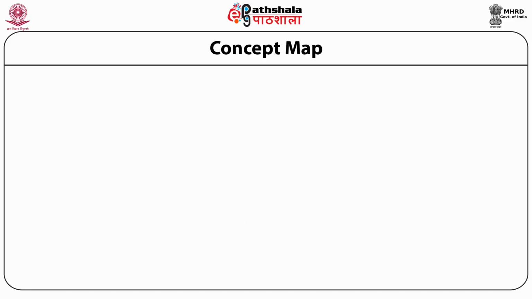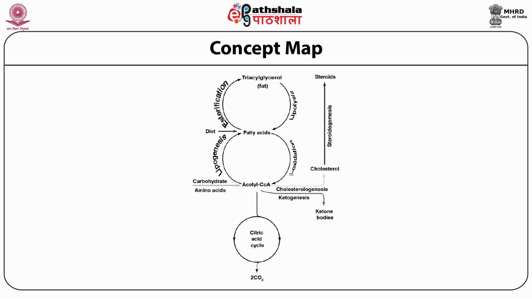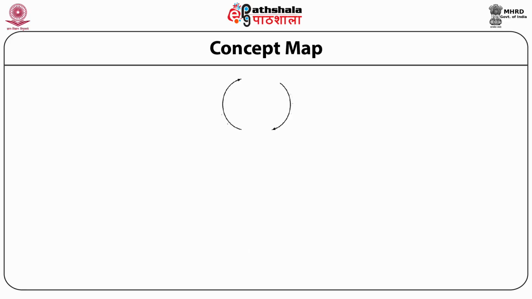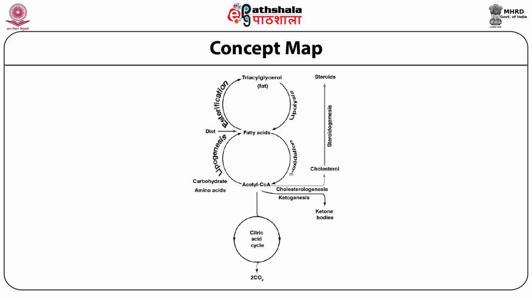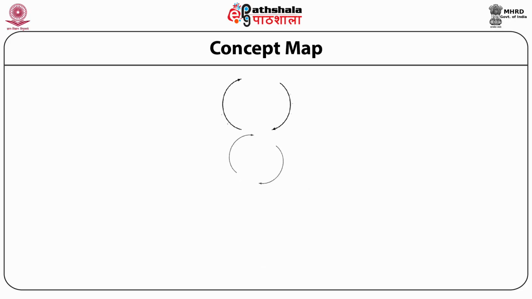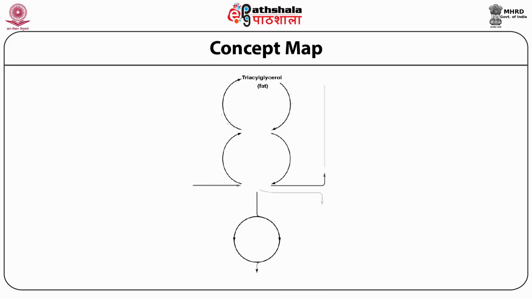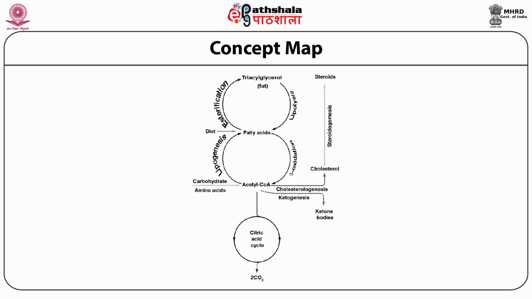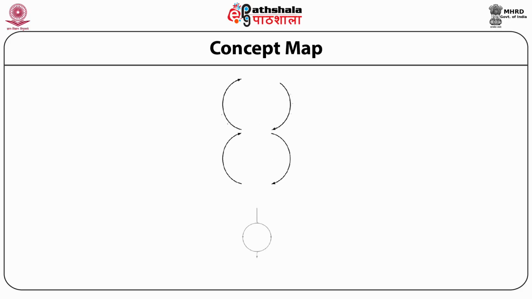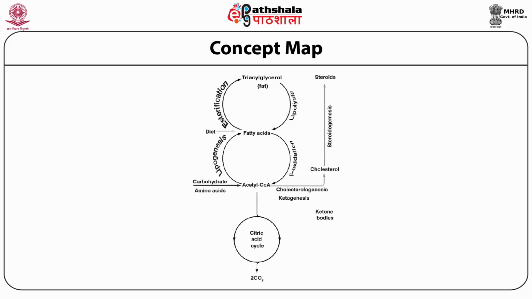And this cholesterol biosynthesis is responsible for steroidogenesis, or the formation of the steroids. Acetyl-CoA is produced in the cells not only through beta oxidation, but also by the metabolism of carbohydrates as well as amino acids.